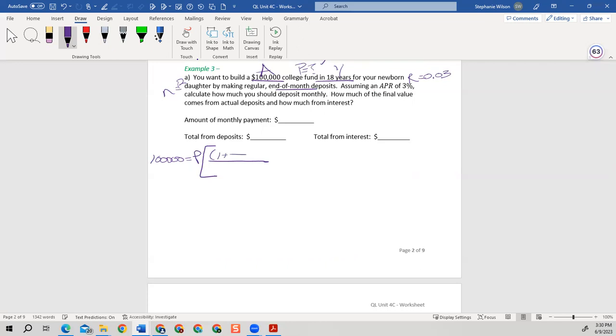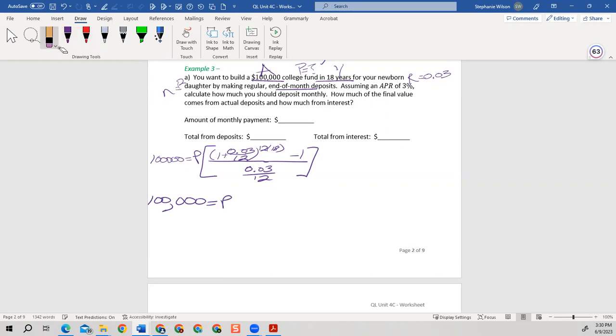So my APR is, again, 0.03. My N is 12. We're raising it to 12 times 18. We're going to subtract 1. My denominator has 0.03 divided by 12. Again, guys, if you need to use a comma there to help you, I would.